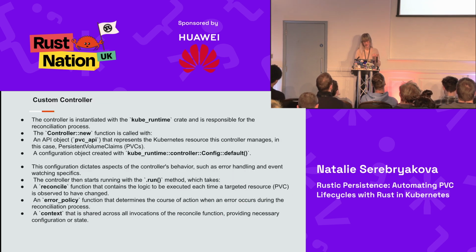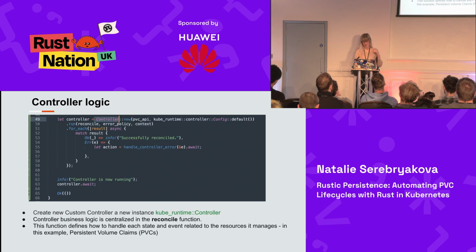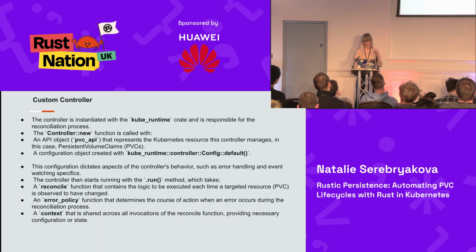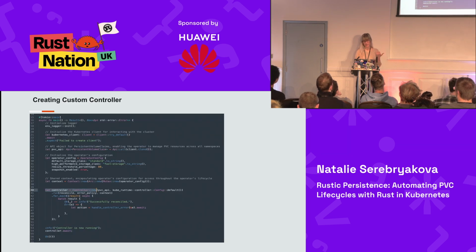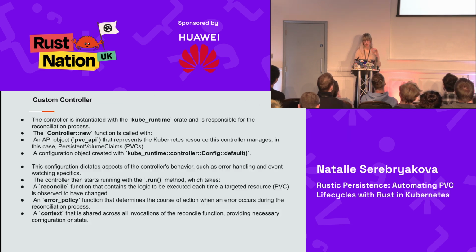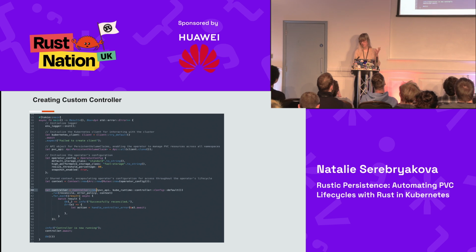Again, it's asynchronous. So in the end, I guess what I'm getting at is that for the custom controller, and this is for the simplicity of this talk, there are certain things you need. Obviously, there will be a logger, and I'm going to jump between these two slides because it's just how things are.